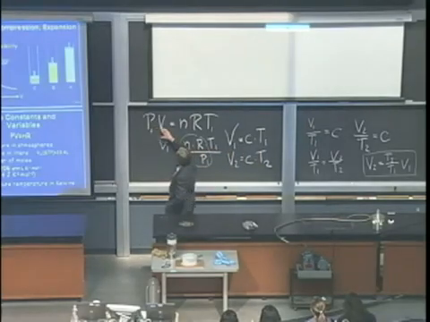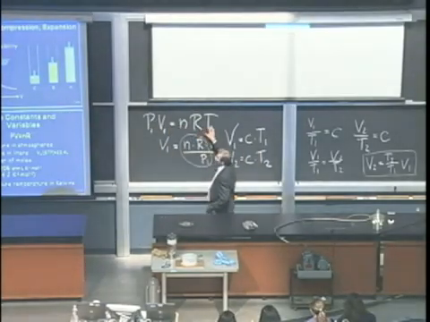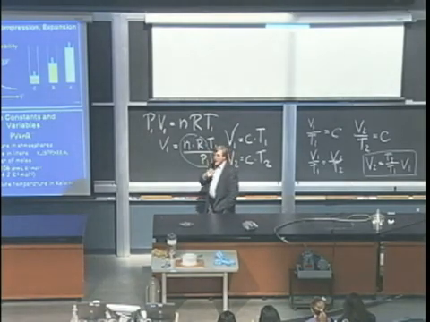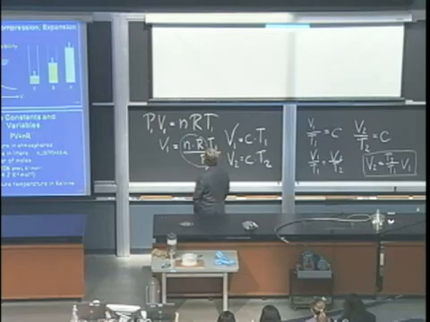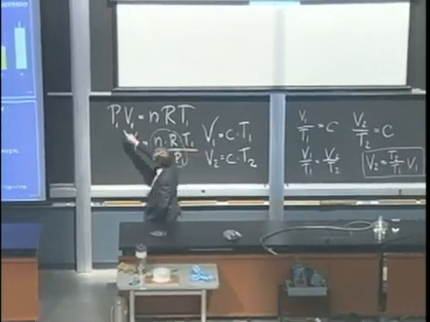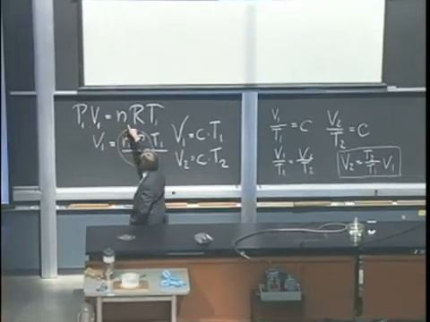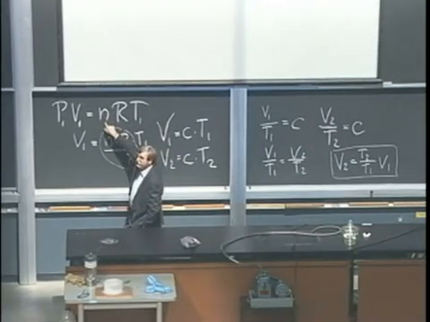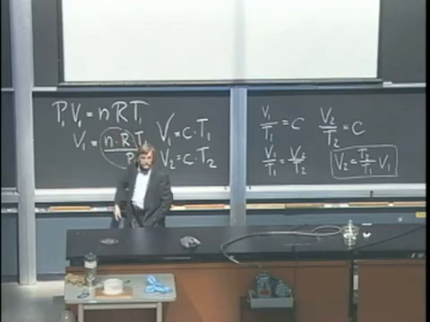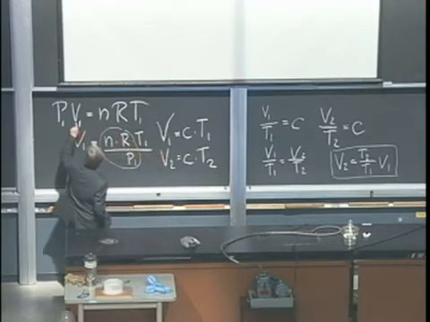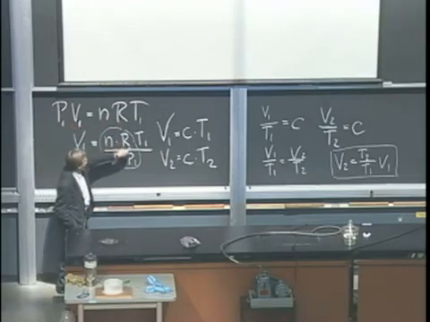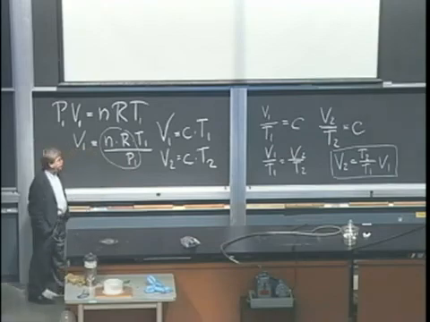P times V is N times R times T, okay? So we're dealing with two temperatures and two volumes, isn't that right? Okay. So P1 V1 is N1 times R times T1. And since N is the same, we haven't changed N, the number of moles, it's the same gas, okay? So with this I can say V1 is N times R times T1 divided by P1.